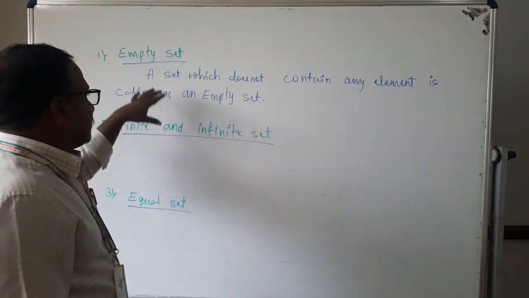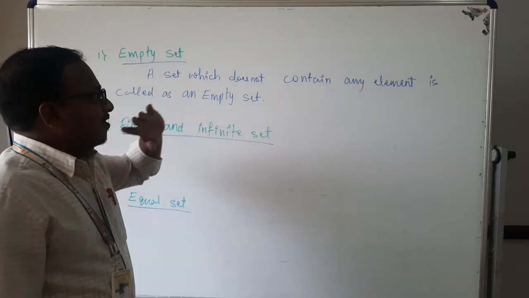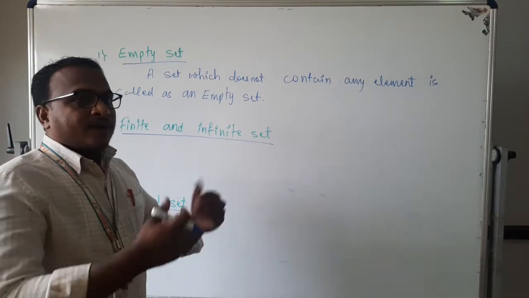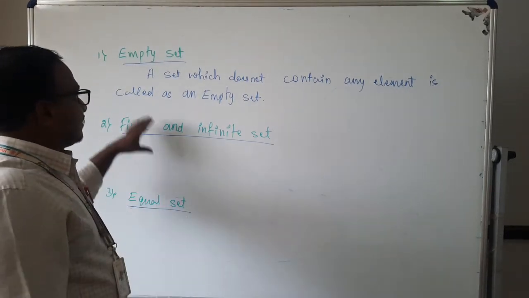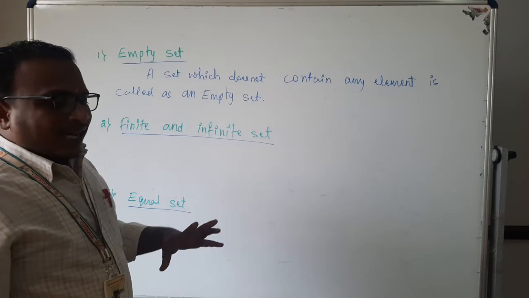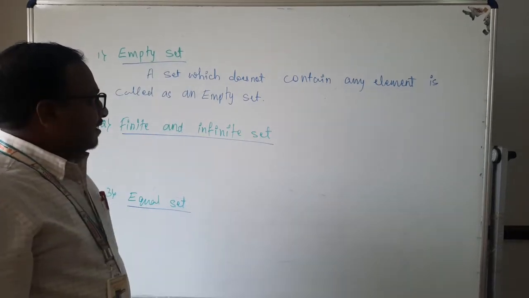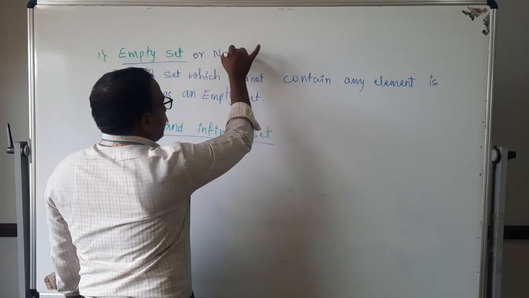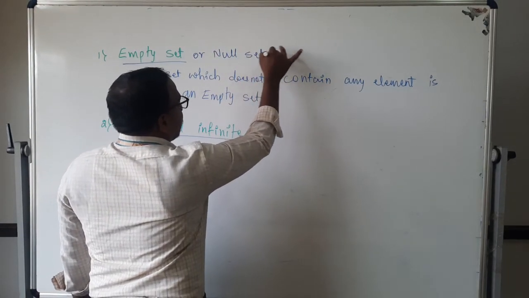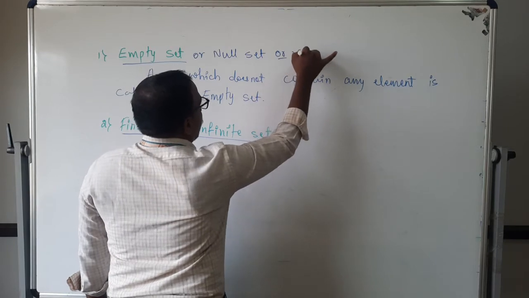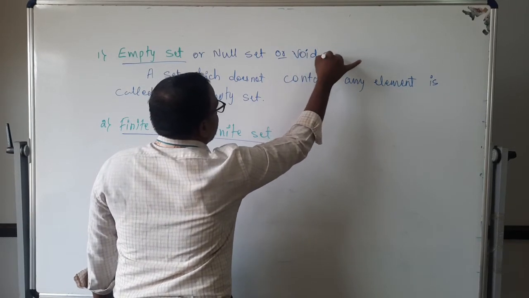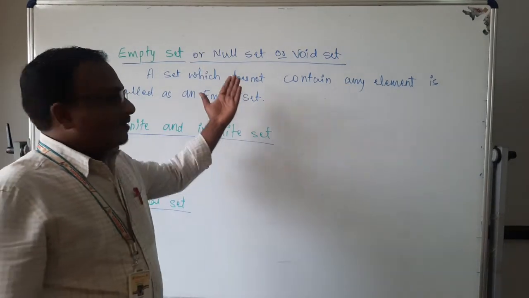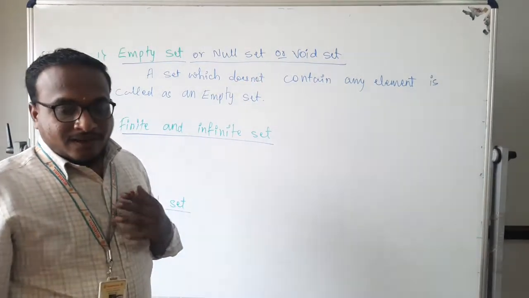First see the definition: a set which does not contain any element. In that set there should not be any element, and we call it an empty set. Another name for the empty set is null set, or we can call it a void set also.